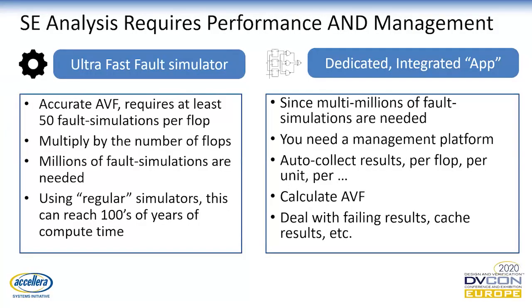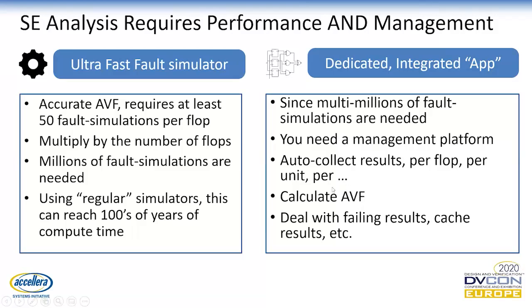So in essence, what you need for the accurate software analysis and AVF calculations, and for managing these whole simulations, is an ultra-fast simulator and a dedicated integrated platform, right? Ultra-fast simulator, because you need to accurately calculate AVF and it requires at least 50 fault simulations, as we have seen. Multiply this by the number of flops and you get millions of fault simulations, and regular simulators find it very difficult to cater to that.